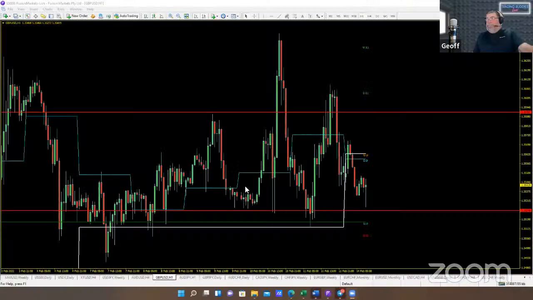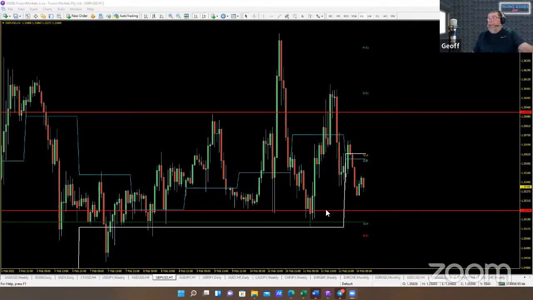Let's get straight into the action, or as it may occur, inaction. I'm going to go to the pound first up, as we normally do, but I don't see a breakout potential here. Frankly, at this point, we're still in the same range that we've been in for a few days.